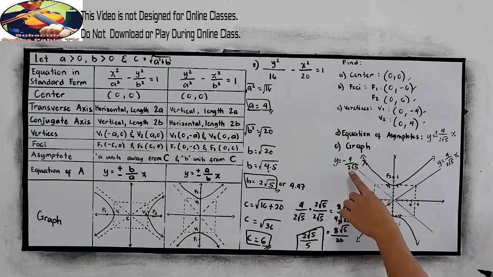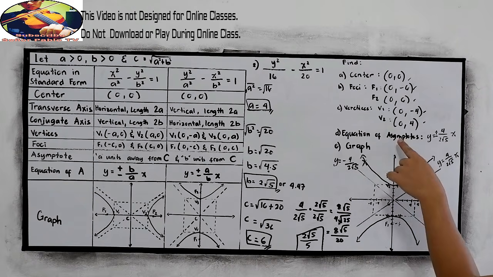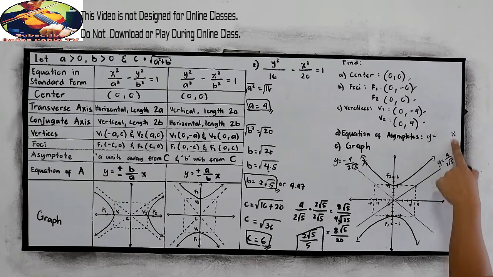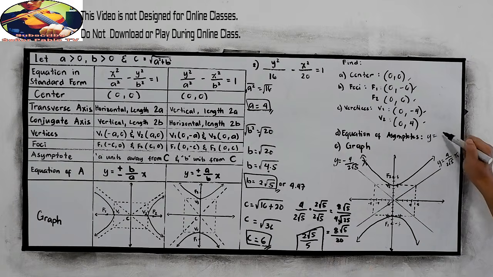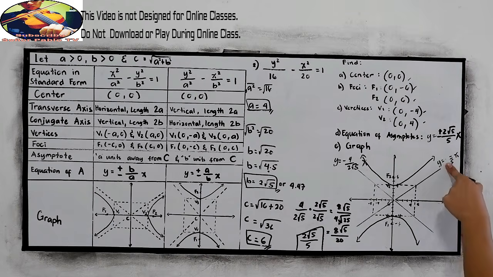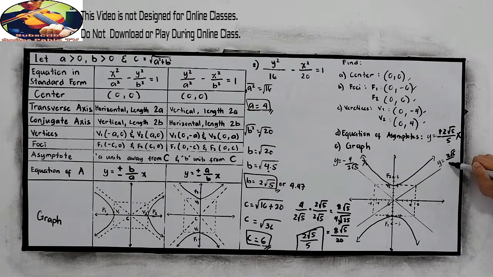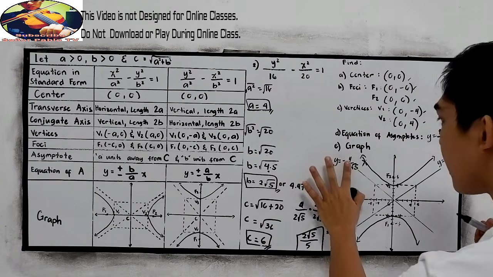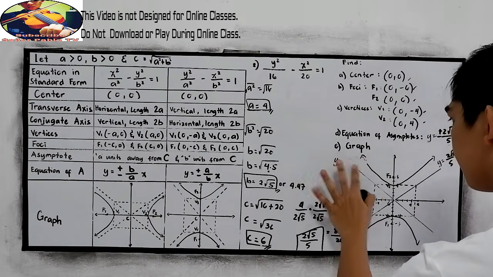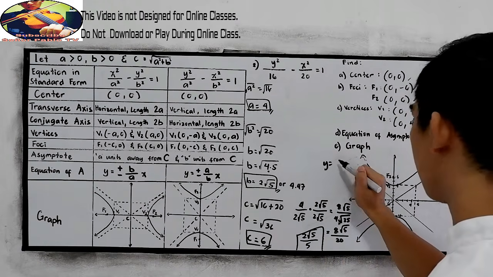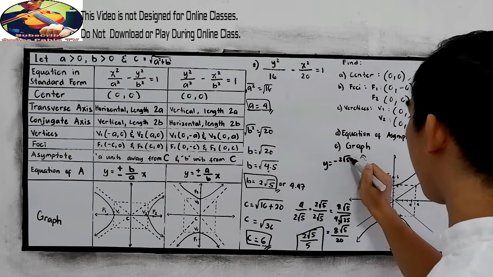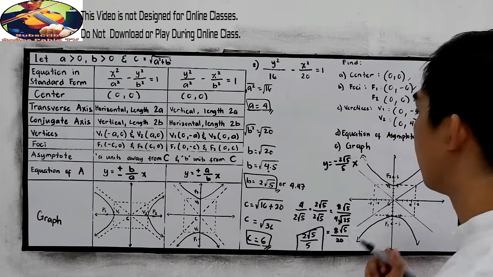So the simplest form of our equation of the asymptote is y equals positive and negative 2 square root of 5 over 5 x: the positive 2 square root of 5 over 5 x, and the negative 2 square root of 5 over 5 x.